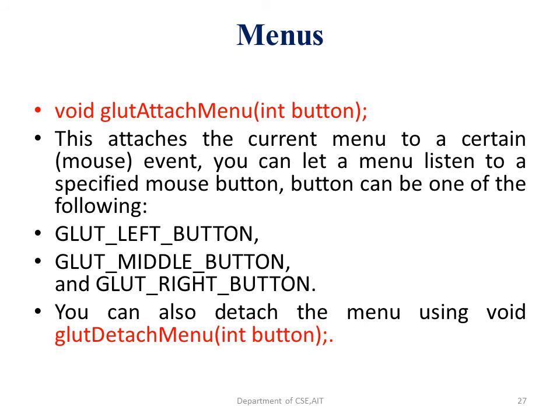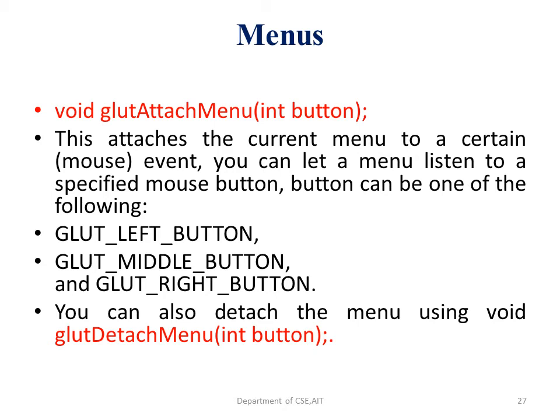We can attach a mouse function to the menu by using glutAttachMenu and by making use of the button. So to the current menu, I can attach a mouse event.